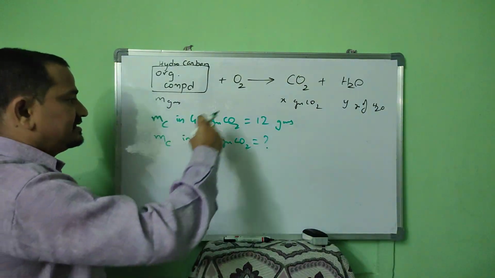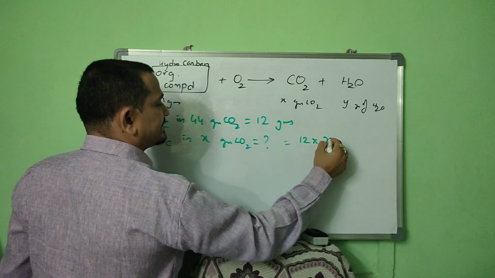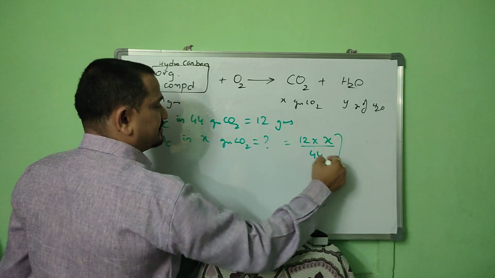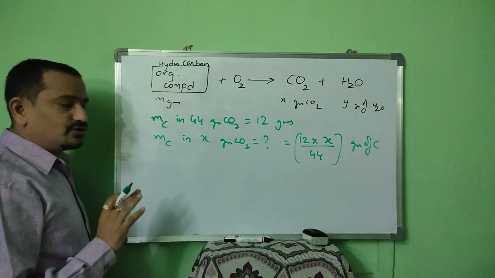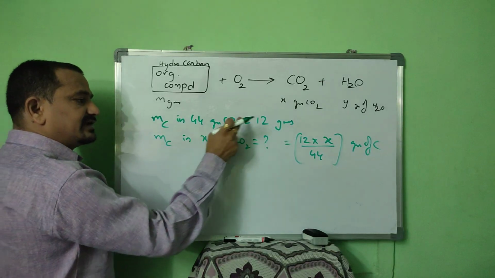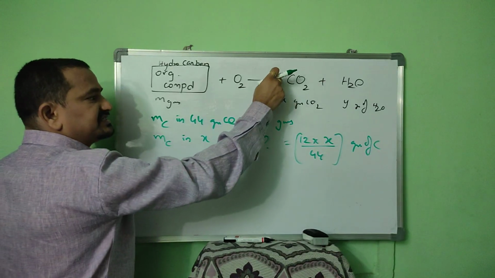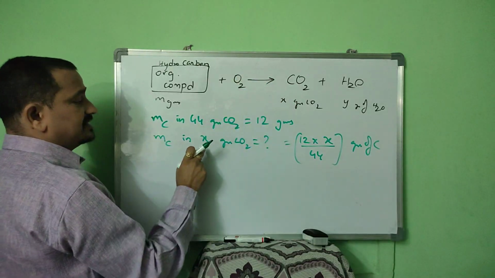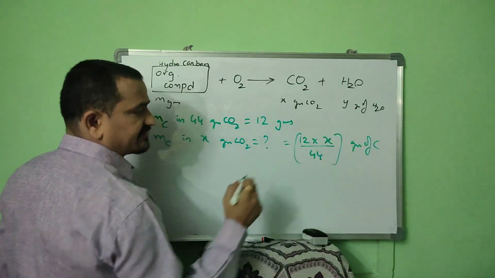How do you determine it? Crisscross method. That equals 12 into x by 44 grams of carbon. You got the logic? When 44 grams has 12 grams of carbon, then x grams of CO2 obtained in the given question has 12x by 44 grams of carbon.